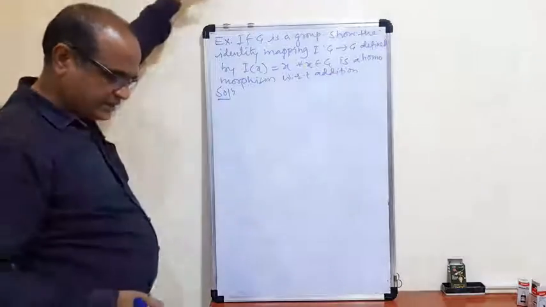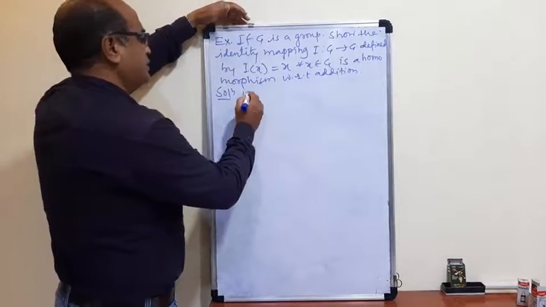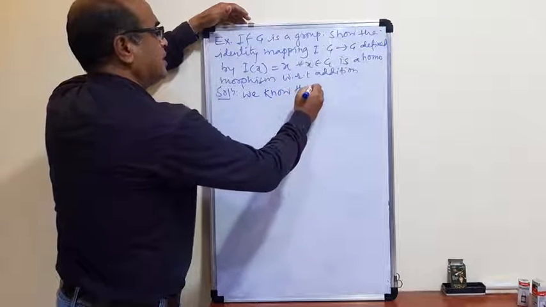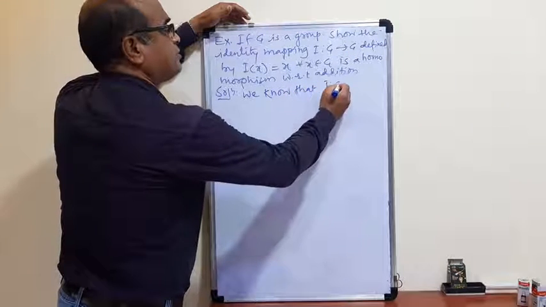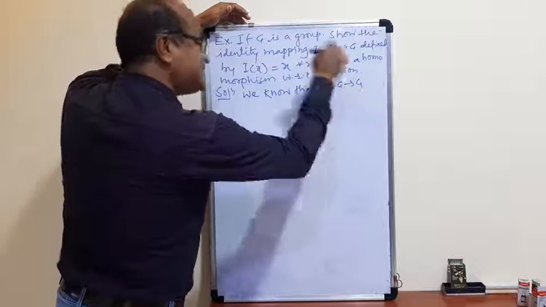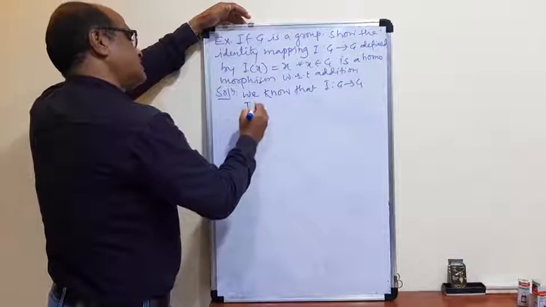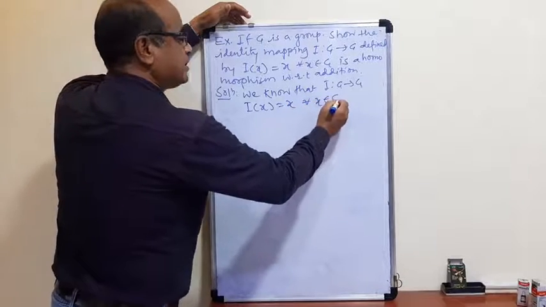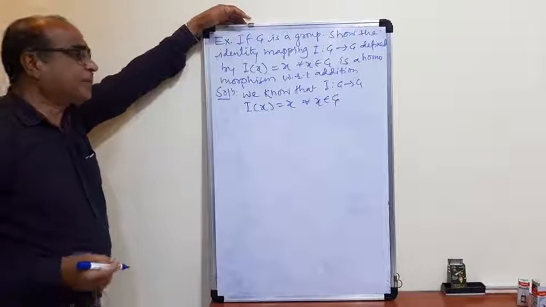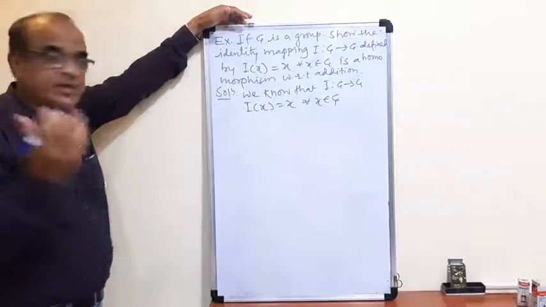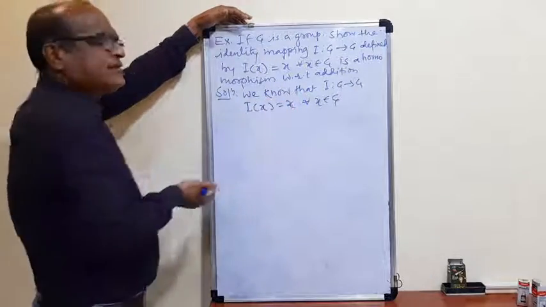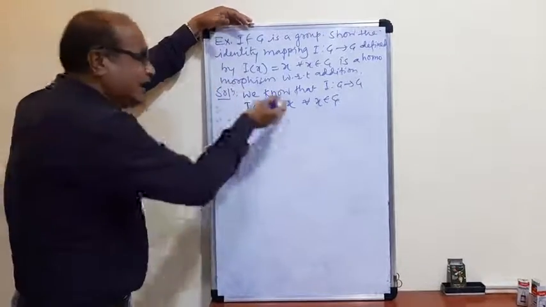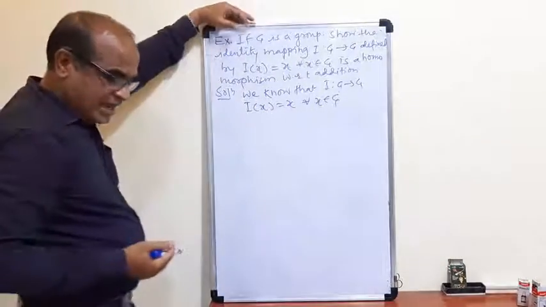Solution: we know that the mapping I from G to G dash is defined by I(x) = x for all x belongs to G. This is the definition of the identity function. If the identity function is applied on x, we get x itself.